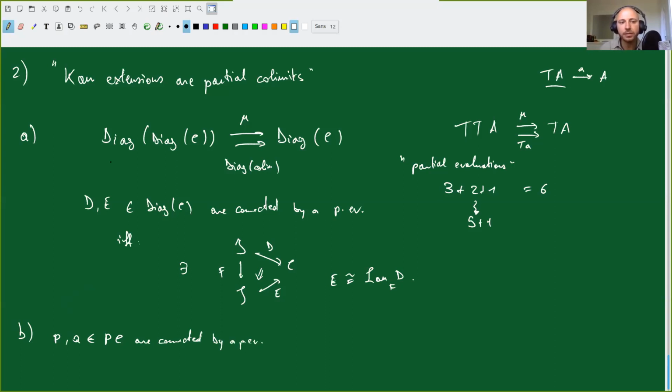So this time, instead of diag, we do this with P, so an element of PPC that connects those two, if and only if they are images of diagrams sitting in the Kan extension.